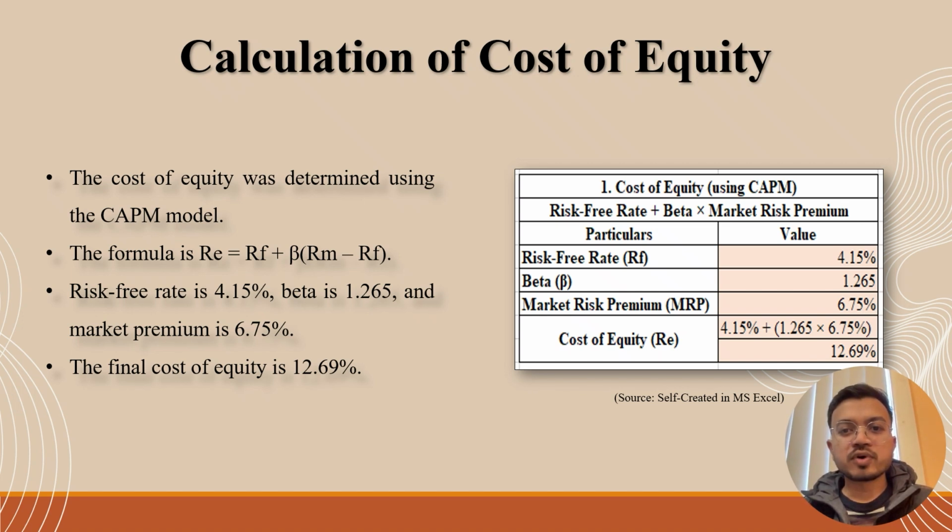Substituting this into the formula, we get 12.69%. This means that equity investors expect a return of 12.69% in exchange for the risk they bear. This return reflects both market conditions and Big Digger's individual risk profile.